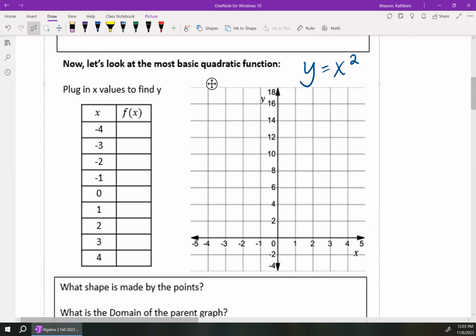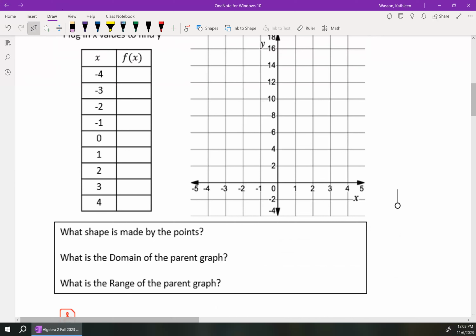And feel free to connect the points that you find. The name of this shape, once you draw it, is a parabola.